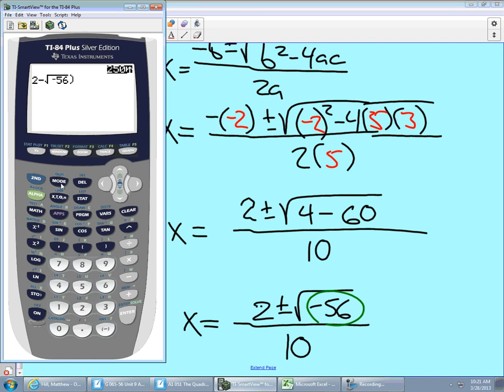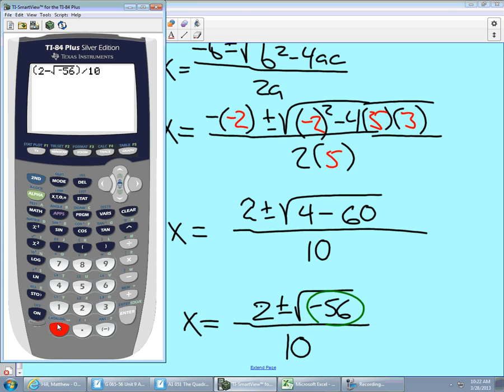I'm not real sure what my calculator's doing there, so I'm going to see if I can get it to stop. There we go. Parenthesis 2 minus square root of negative 56. Okay, that's in our numerator, and in our denominator, we have a 10.